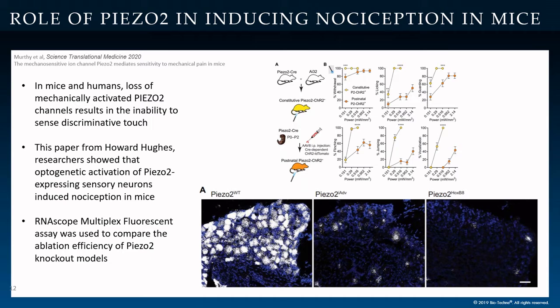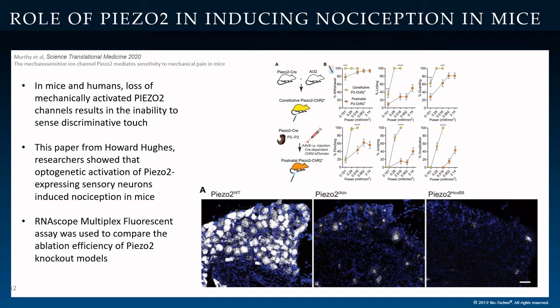Now, they used the RNAscope multiplex fluorescent assay also to compare the ablation efficiency of piezo2 in 2 different knockout models. And they saw that in the second knockout model on the image, the piezo2 HOXB8, the ablation efficiency was much higher when they compared these 2 models with the wild type.